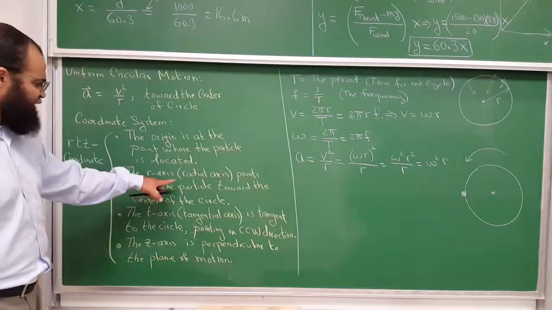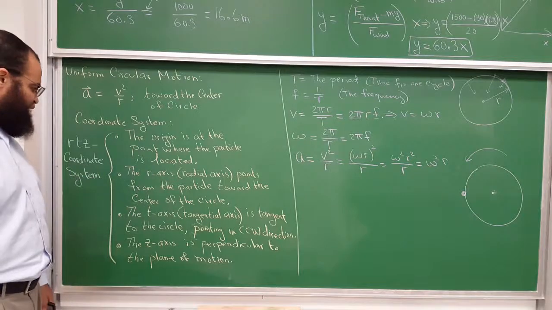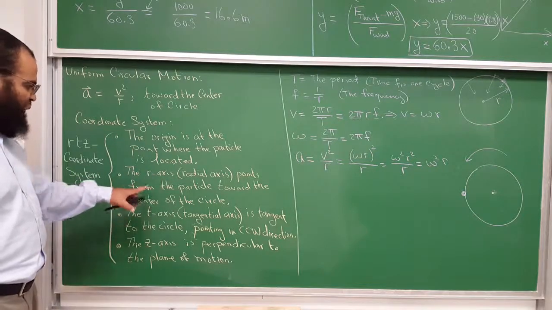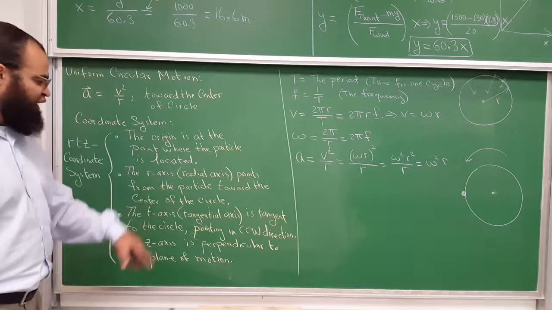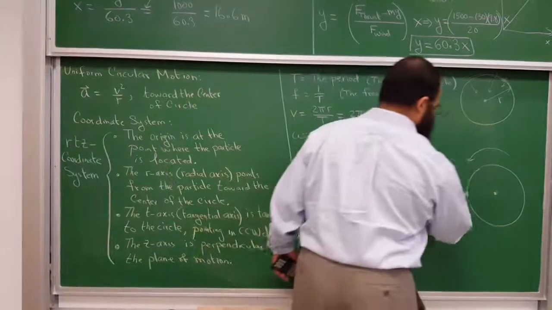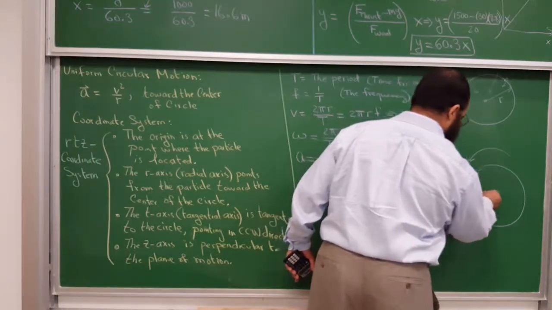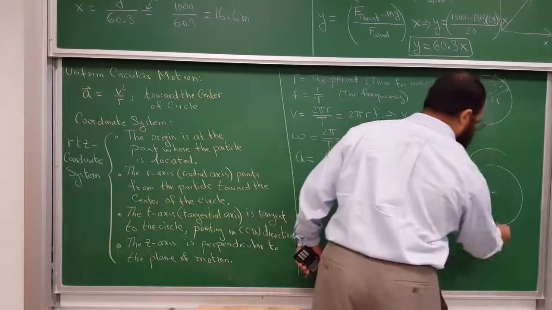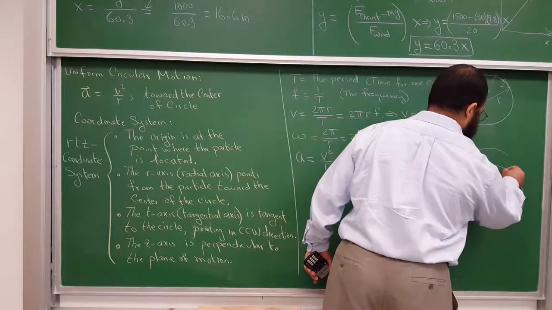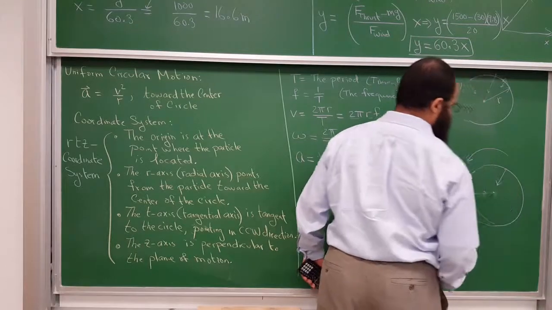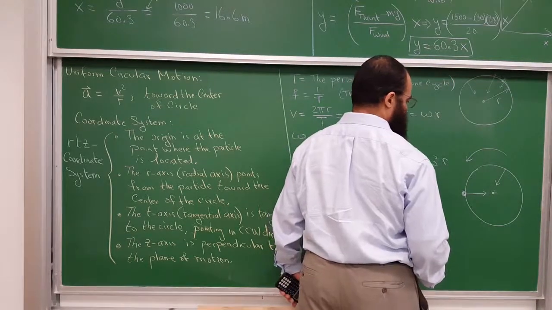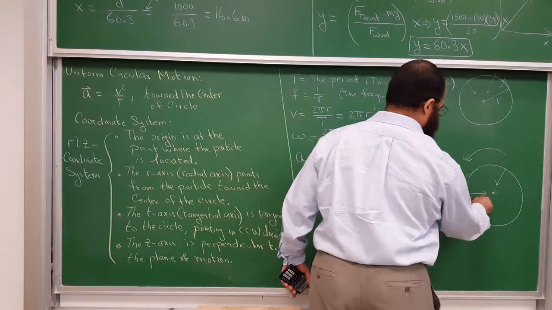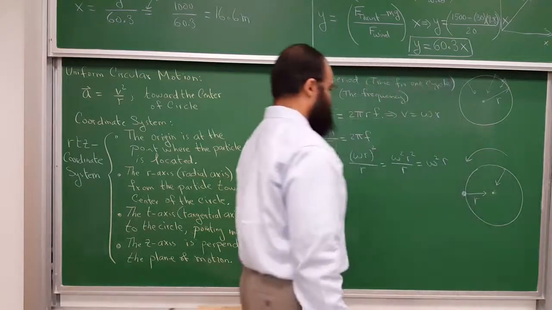Secondly, the r-axis, called the radial axis, points from the particle, from the object, to the center of the circle. So if our object is here, our radial axis is in that direction. If our object is here, the r-axis will be in this direction. It's called the radial direction. So that's the r-axis.